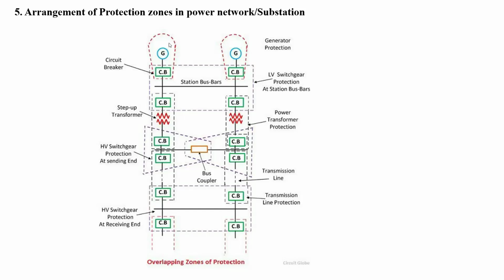If there is any fault in that blind zone, no protection will operate, so your system will fail. That's the reason whenever you are doing the protection system design, you should be very clear that all the protection zones are overlapped with the next protection zone, so that we can cover 100% protection for the substation or for the complete power system in the substations and T&D.